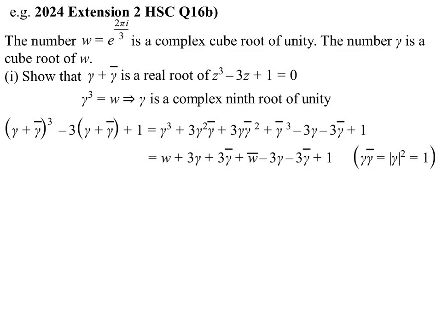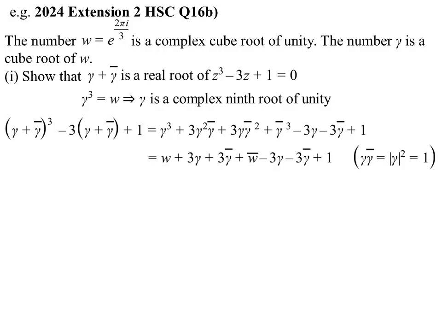Well, like all complex numbers really, not just roots of unity, gamma times gamma conjugate will be the magnitude squared. We're talking about a root of unity, so that'll be 1. Anytime I see in this gamma times gamma conjugate, I can change it to be 1. So on the second term, I've got gamma squared times gamma conjugate. So there's a gamma times a gamma conjugate in there.